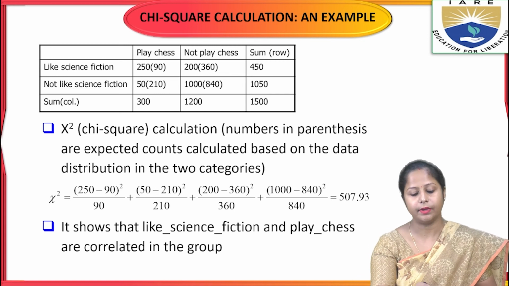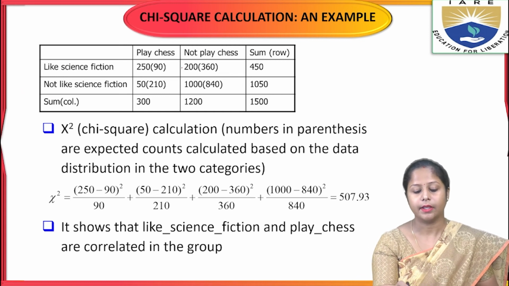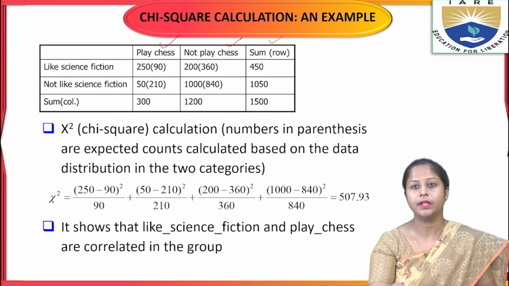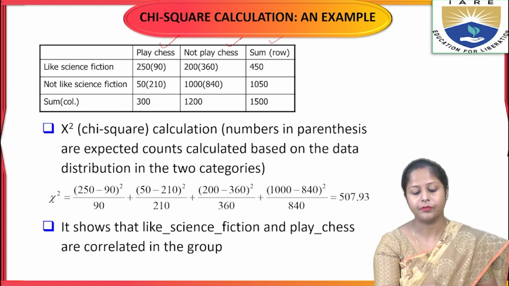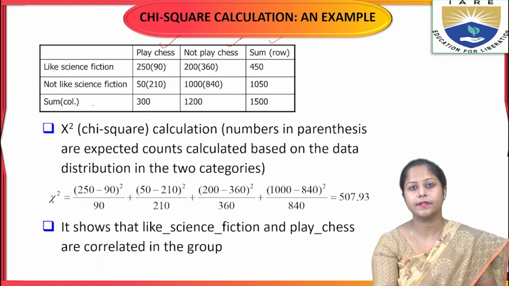In this table we have play chess and not play chess, and the sum, as columns, and in the rows we have like science fiction, not like science fiction, and the sum.